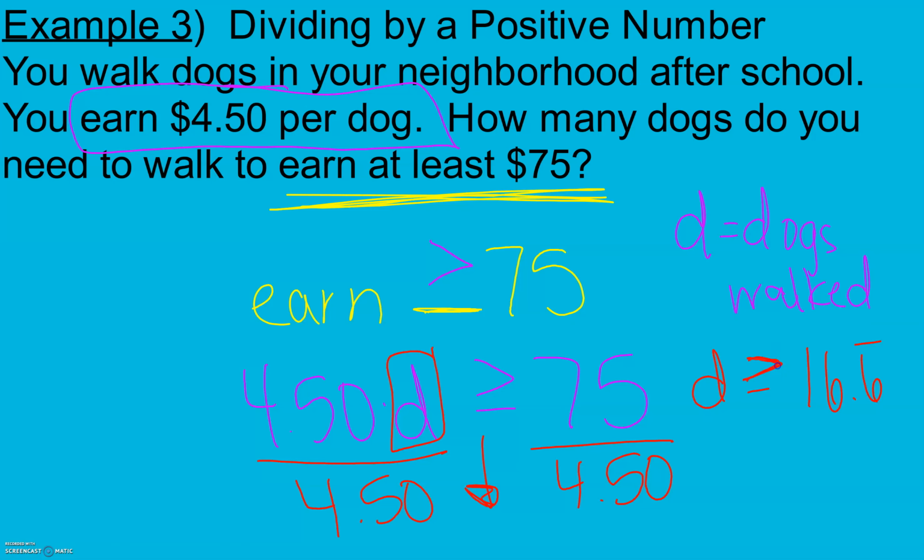Because I need it to be greater than that 16, I actually need it to be at least 17 dogs. Because we can't just walk 0.6 dogs. So D is at least 17 dogs, or we could say D is greater than or equal to 17 dogs. How many dogs we need to walk? At least 17.